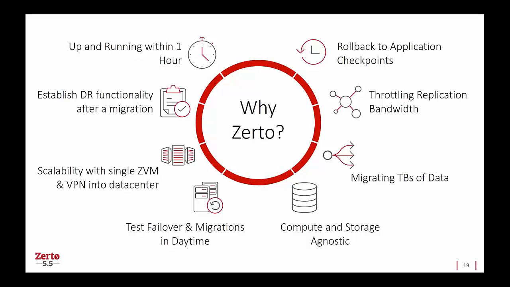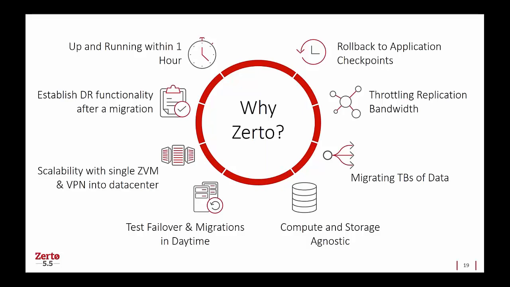So we mentioned they looked at expanding beyond the migration use case and looking at the DR functionality as well once they've completed the migration. They love the fact that they've got the ability to roll back in time through those application consistent checkpoints, which, as I mentioned, was a consequence of leveraging the VPG functionality, making sure that everything has write order fidelity and is able to be brought back up consistently.